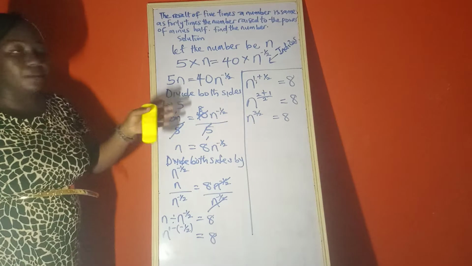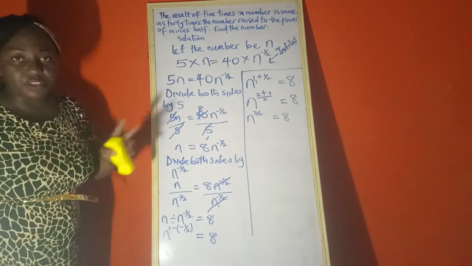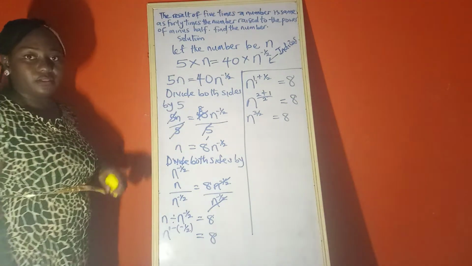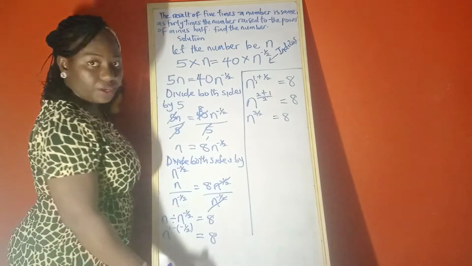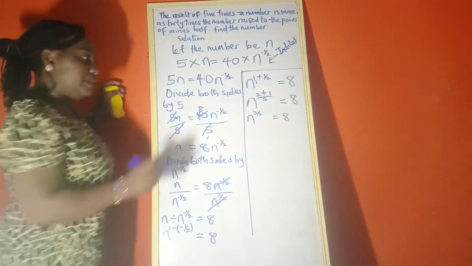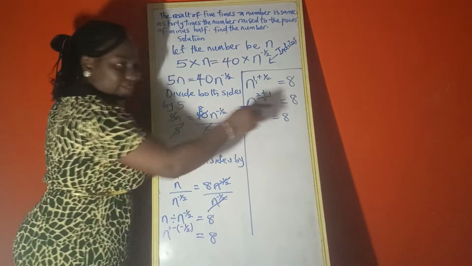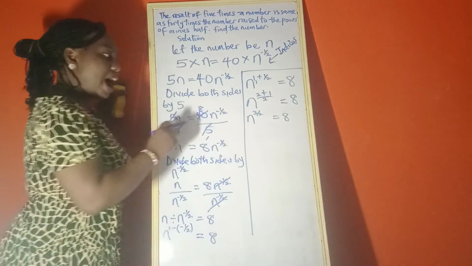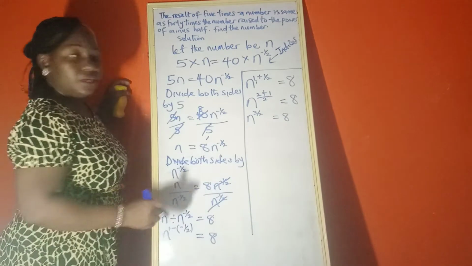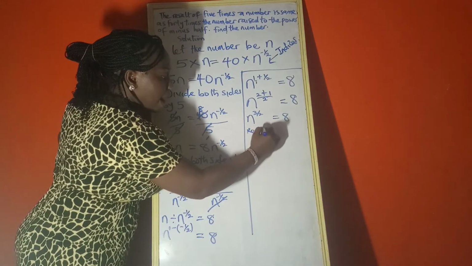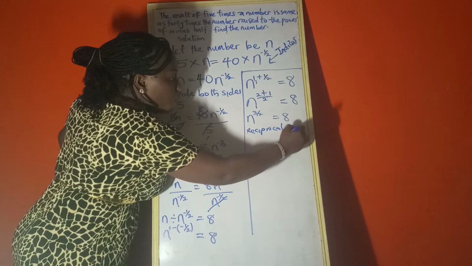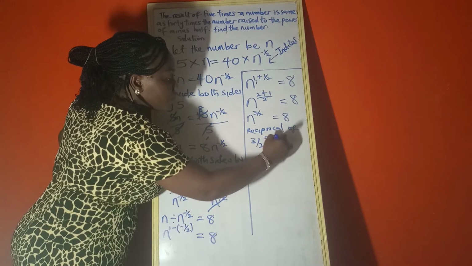Alright, actually there are so many ways to do this. I'll be using two methods to solve that part. You have n raised to power 3 over 2 equals to 8. I can multiply both powers by the reciprocal of the power here. The reciprocal of 3 over 2 equals to 2 over 3.